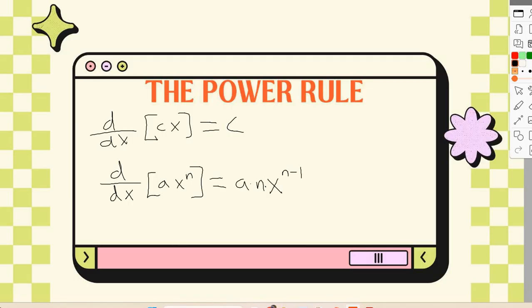So we bring down our original exponent and multiply that by whatever constant we have on the front, and then we subtract 1 from our exponent. Our lives a little bit easier.